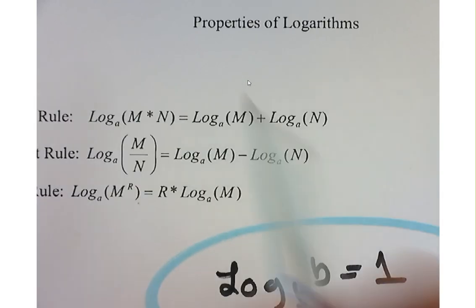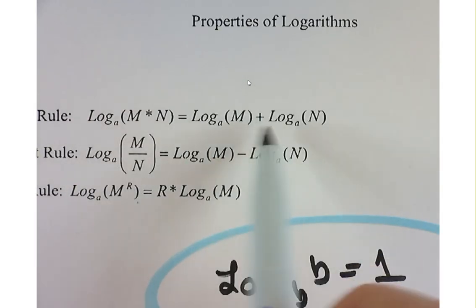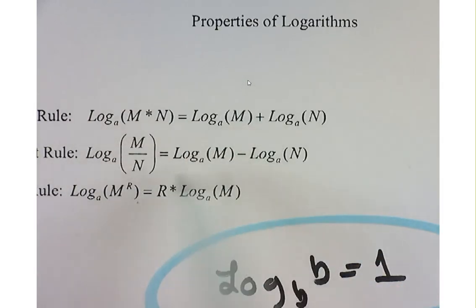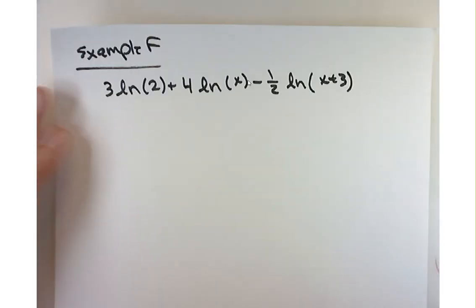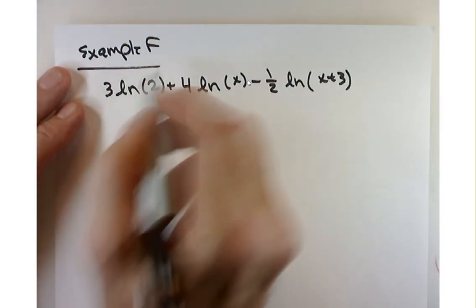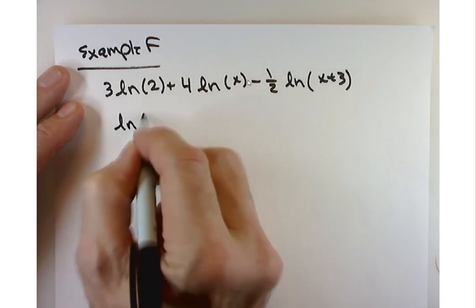Now, in order to use it backwards, to combine things, the coefficients need to be 1 or -1. And I like it best when we're dealing with coefficients of 1. I think it works out nice and easy that way. So I'm going to bring these coefficients up into the exponents.